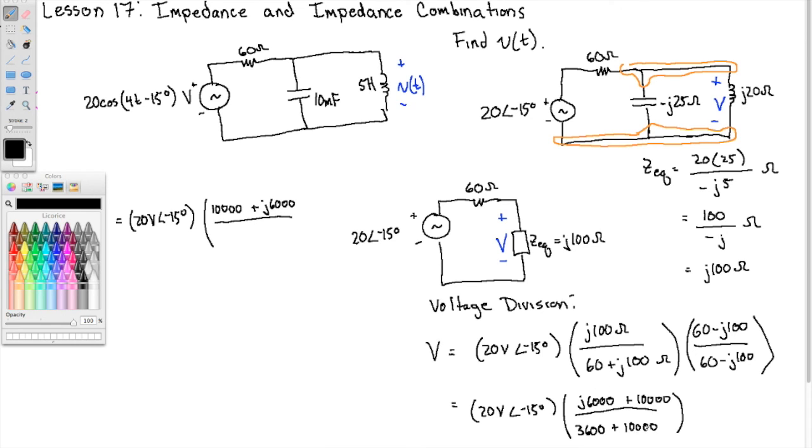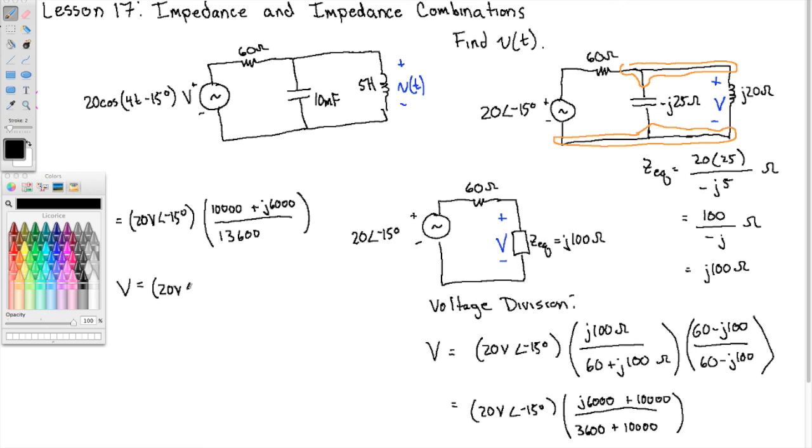And then in the denominator I have 10,000 and 3,600, so 13,600. So V is now equal to, and I can certainly divide 10,000 by 13,600, and I can divide 6,000 by 13,600.